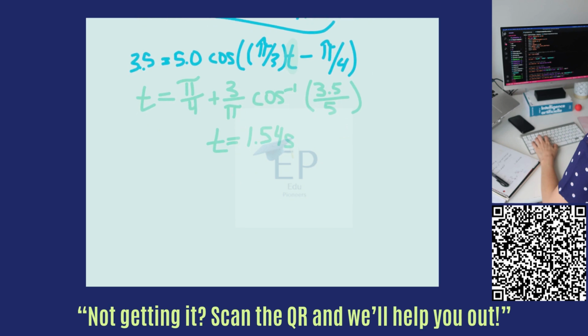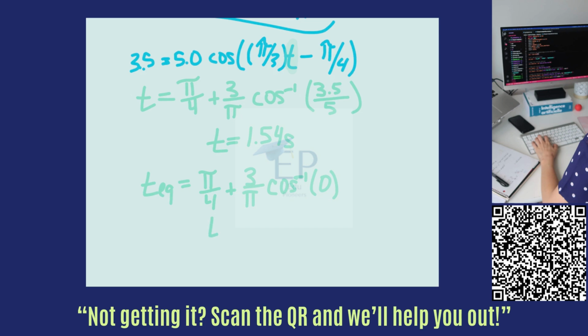So we also need to figure out the time at which the particle will be at equilibrium. We'll put t equilibrium equals, and we're going to use the same equation, pi over 4 plus 3 over pi times the inverse cosine of 0, because we're dealing with equilibrium, so it'll be cosine of 0.